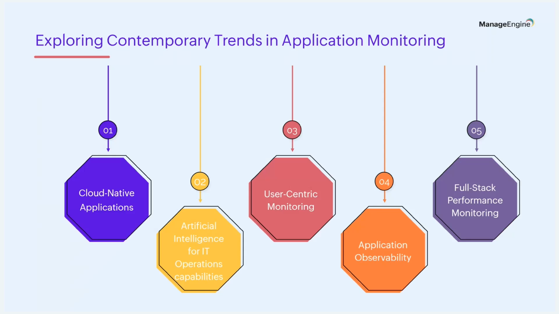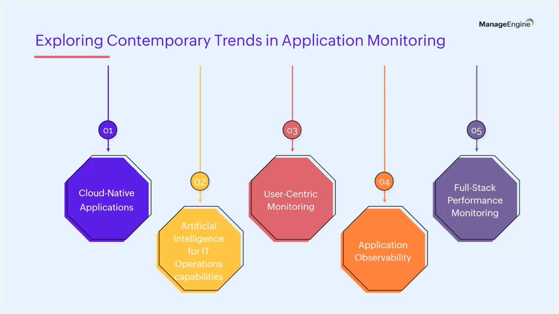Now, here are some of the contemporary trends in application monitoring. Let's discuss them one by one. The first trend is cloud native applications. Many large enterprises are moving their applications to the cloud.